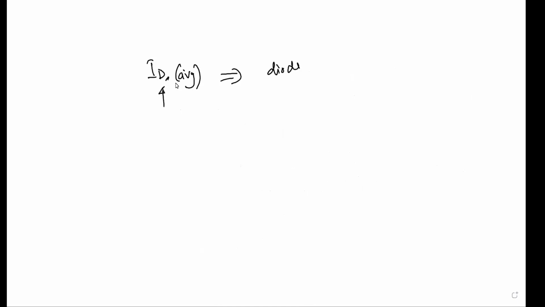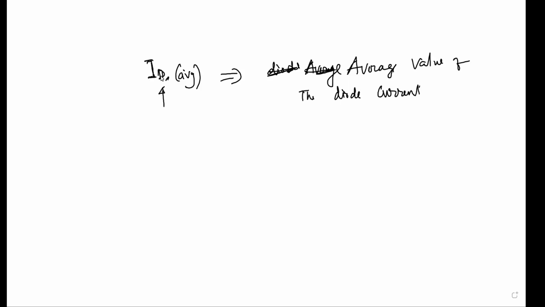D stands for the diode, so this is the average value of the diode current. Since the first letter is capital and the suffix is capital, it should be average.